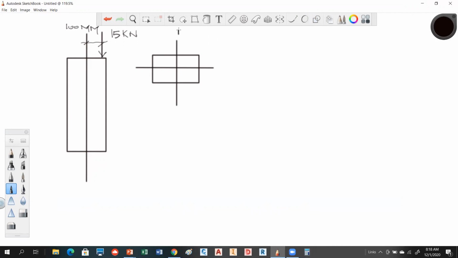So this is going to be the neutral axis line. It's 600 millimeters from this side to this side, and it's 300 millimeters this way. So from top, front to back.